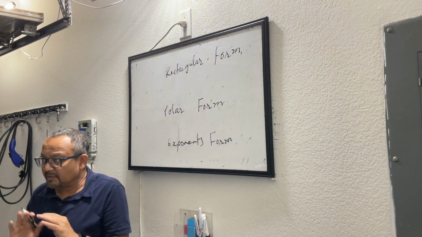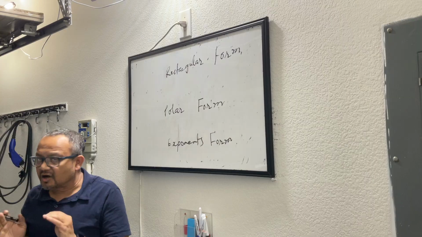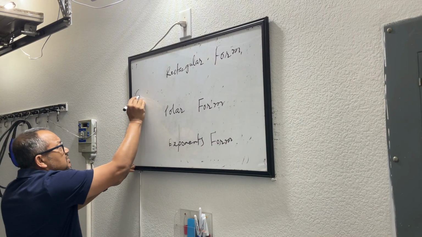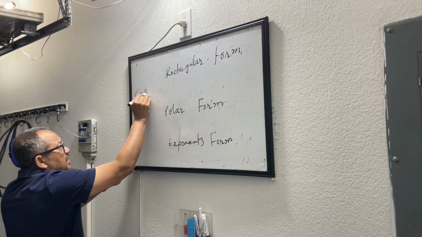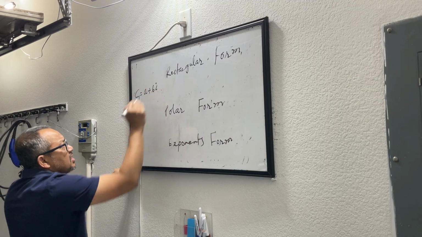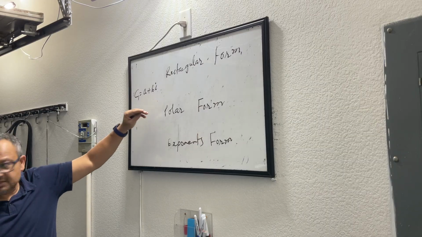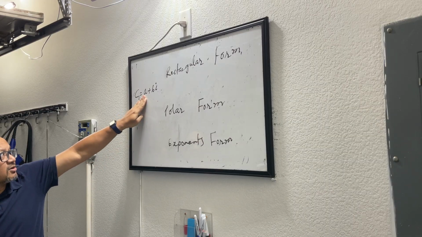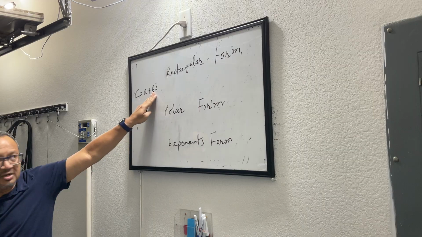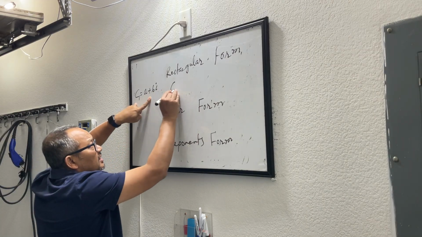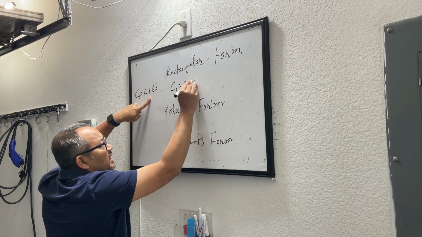Just to refresh your memory, when we talk about a complex number, we are talking about a number like, let's say, complex number C1, which is equal to A plus BI or A plus IB, whatever makes sense to you guys. This is the real component and this is the imaginary component. If I write this as is here, this is my rectangular form.